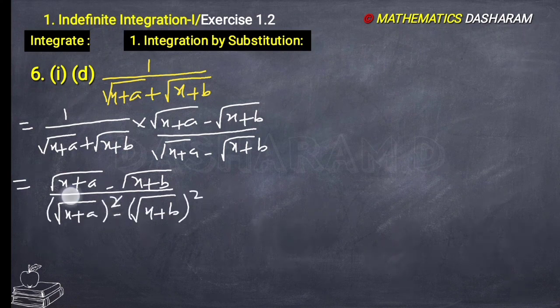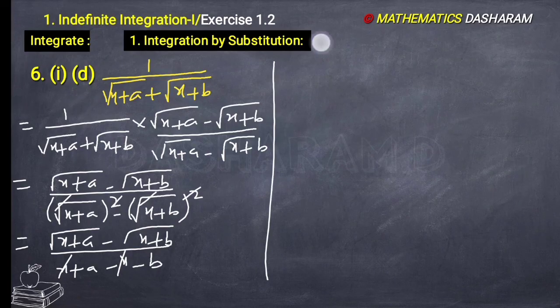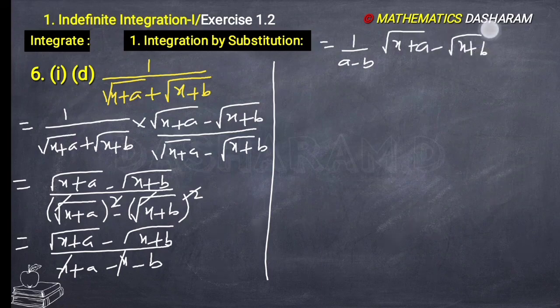So then here square root cancel, so it is equal to root(x+a) minus root(x+b) divided by x plus a minus x minus b, plus x minus x cancel, so it is equal to a minus b. So 1 by (a minus b) into root(x+a) minus root(x+b).